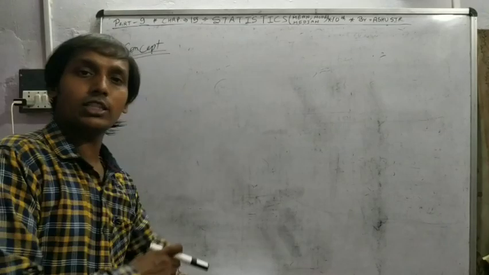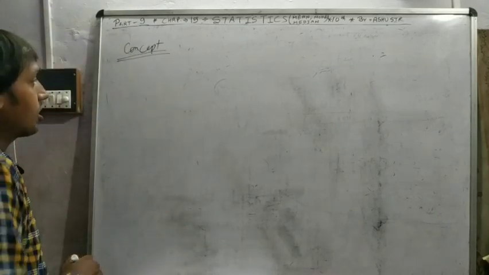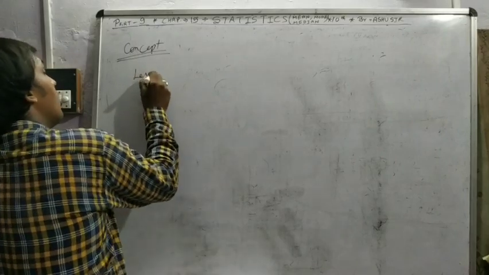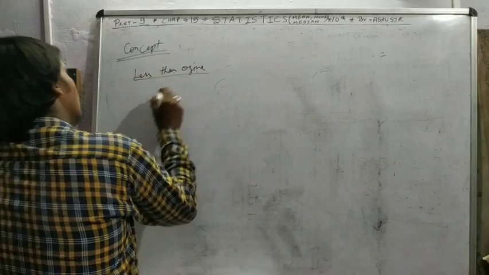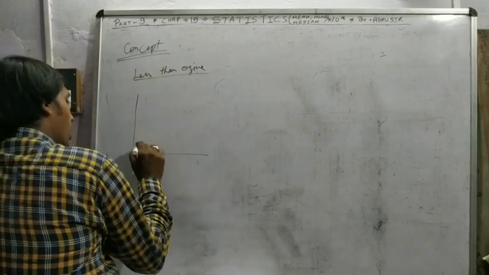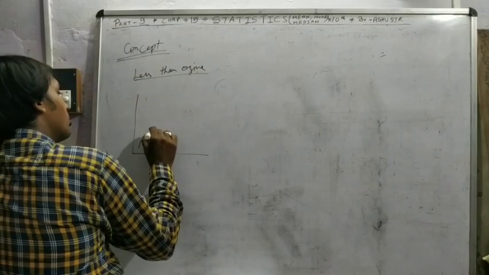One student wants an explanation. Sir, when you draw the less than ogive, the graph looks like this.